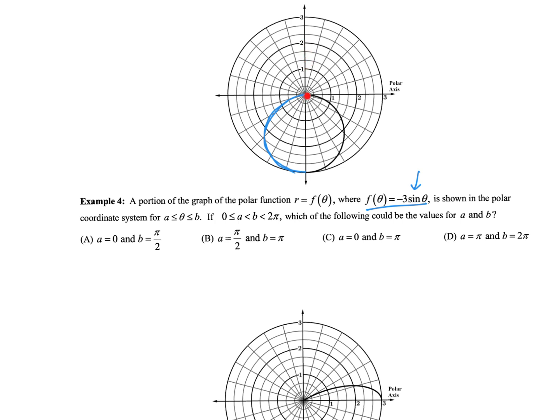I want to see if it's at the pole or if it's down here. So let's substitute in pi over 2. What is sine of pi over 2? 1. And so now -3 times 1 is -3. So at pi over 2, it's at -3. So instead it's now down here. This is where it's at pi over 2 because it flipped.